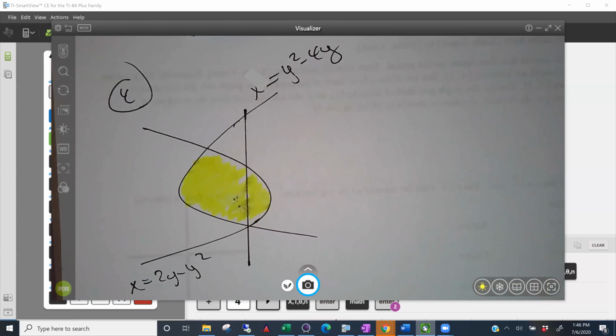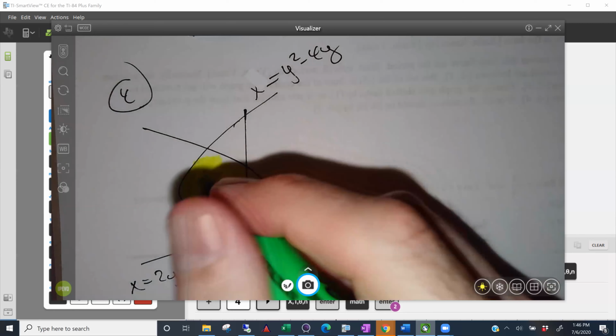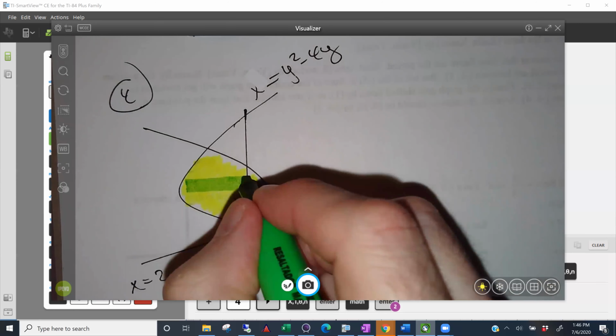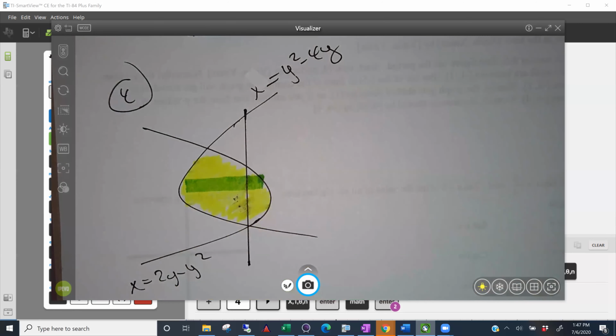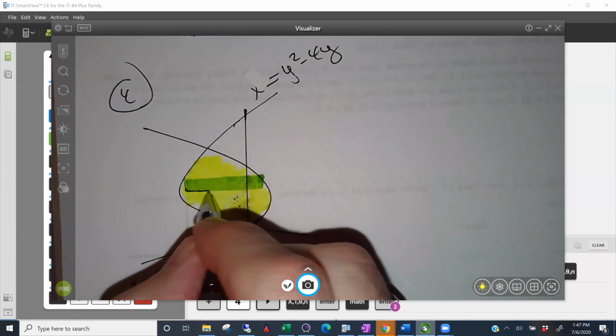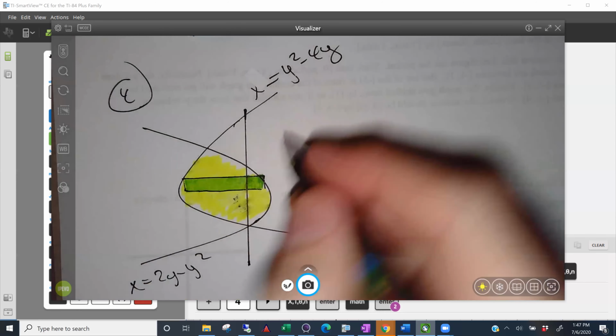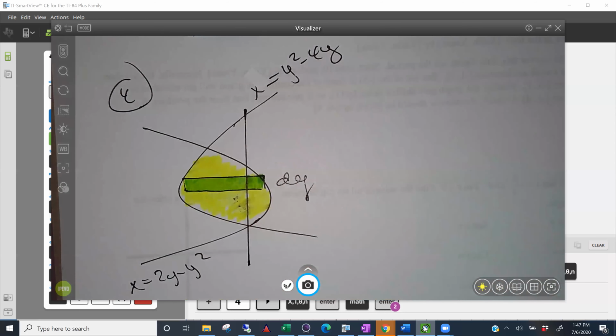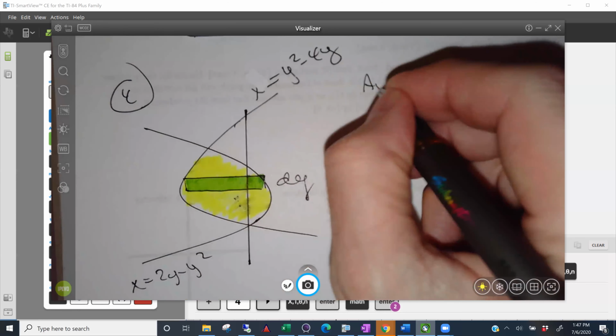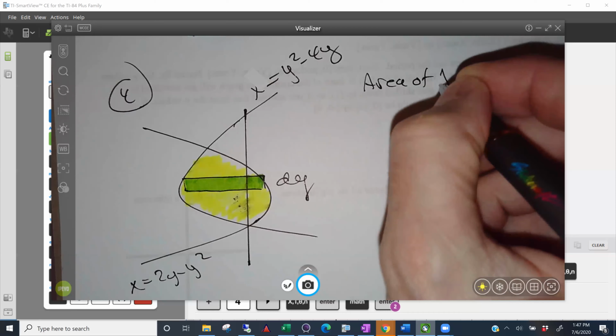But if we take a horizontal slice, then things are a little bit more friendly. So let's take a slice like that. So here we go. There's our slice. And because it's horizontal, we'll call that dy. Let's find the area of one slice.